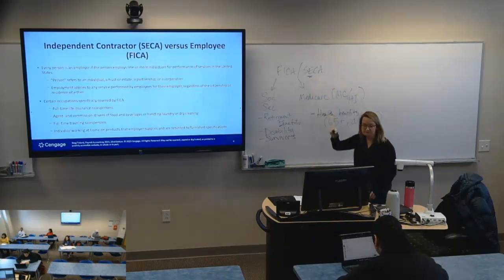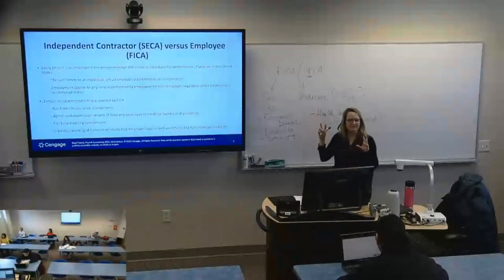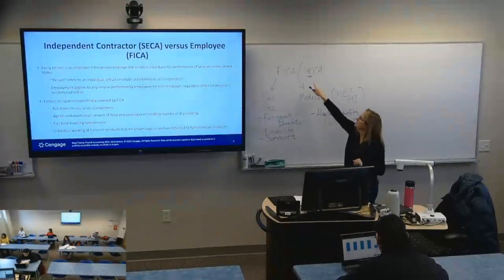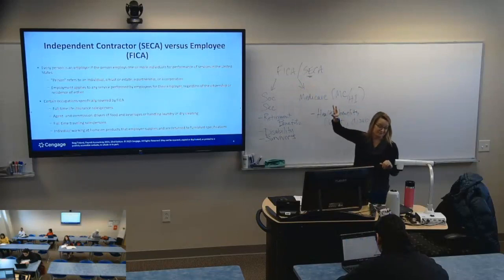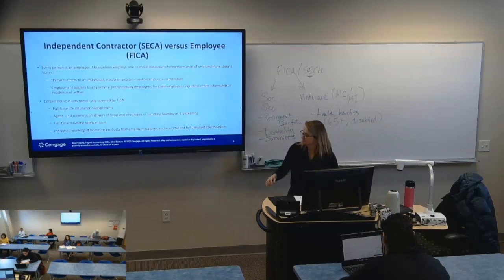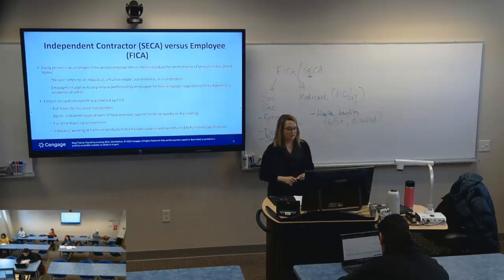But this again is only for individuals who are self-employed. And you'll see that the tax rates for the two, even though the amounts are going toward the same thing, the tax rate that the employee or self-employed individual actually pays is different. Okay. So we're going to talk about what those tax rates are as well.